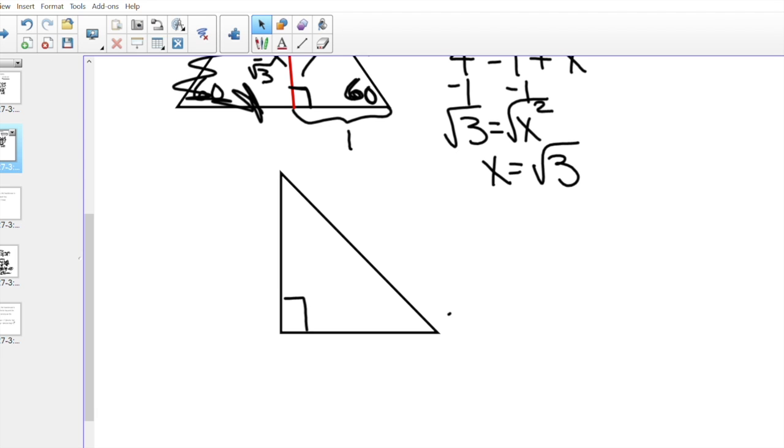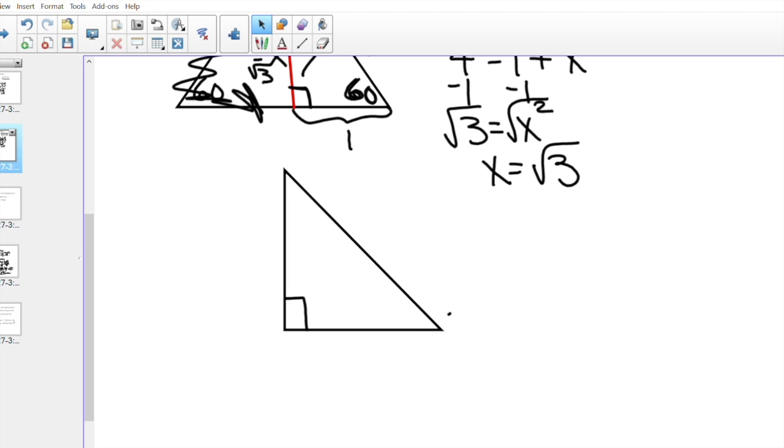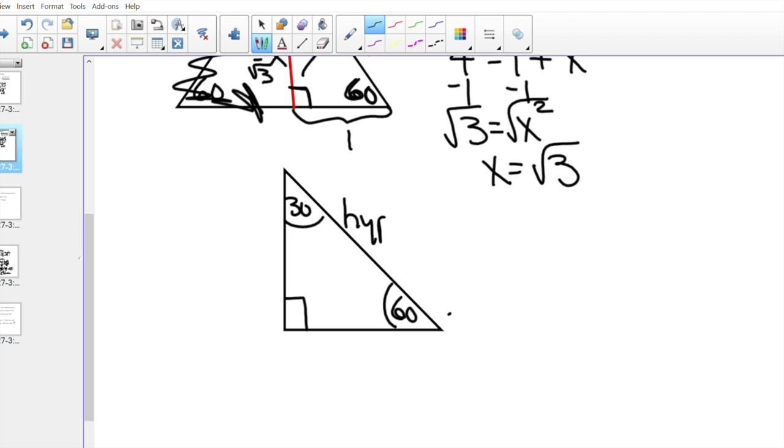That's a right angle. Then this was the 60-degree angle. And this is the 30-degree angle. Now this is the hypotenuse. And these two are legs.